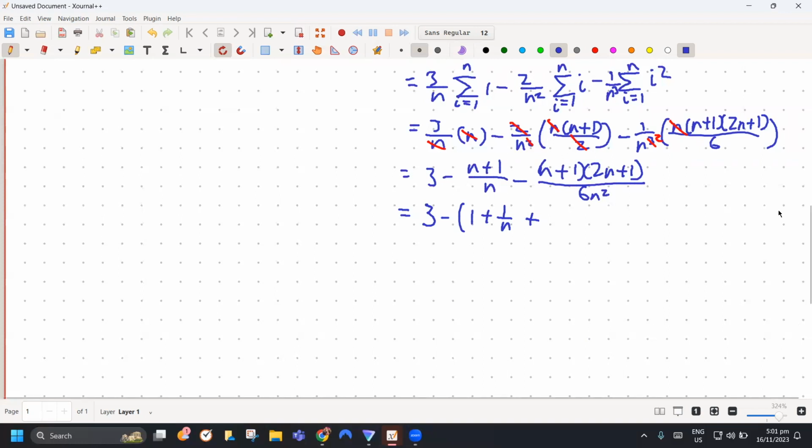Plus, open parenthesis, 1/6, plus 1/6, open parenthesis, hindi, 1/6 yung nasa labas tapos ng tapos parenthesis. And then open parenthesis, 1 plus 1 over n, close parenthesis, 2 plus 1 over n.